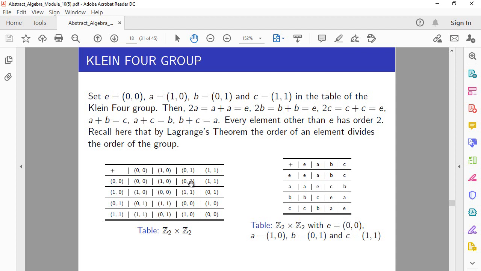So anytime we find a group of order 4, and we see that every non-identity element has order 2, then we know that group is identical to the Klein 4 group.